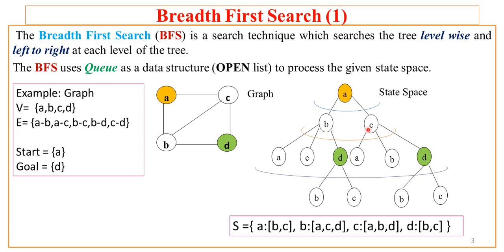Then next are B and C, which are the child nodes of A. These are at the next level, that is level 1. This ACD and ABD are at the next level to B and C, and this is nothing but level 2. This way the algorithm BFS explores the state space level wise.